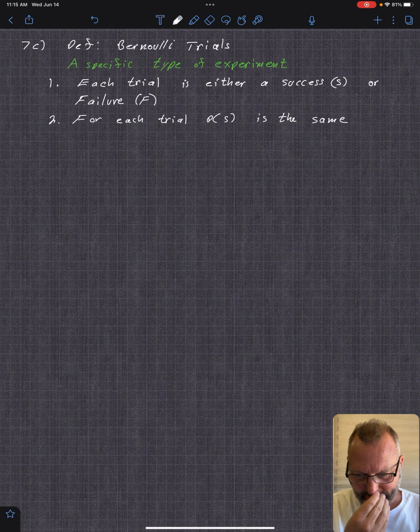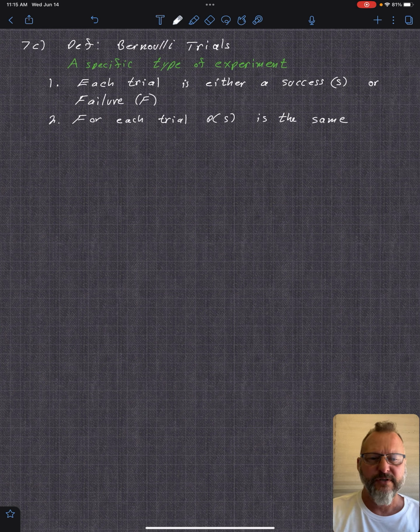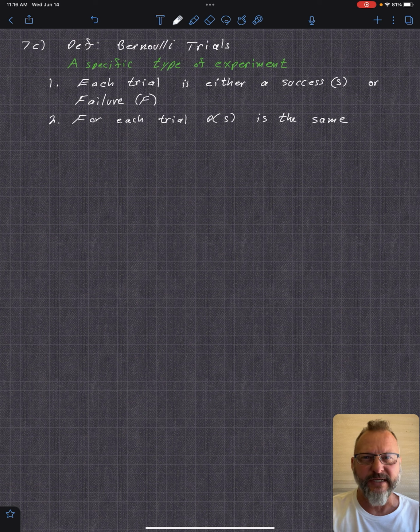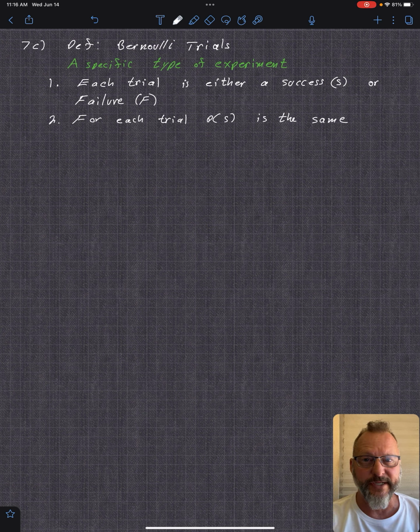Another one would be a product line coming through, and you are selecting from the product line. The probability didn't necessarily change because of the manufacturing process. The next run, it might have changed if you tweaked something. So you have to assume that the probability didn't change for it to be a success or failure.